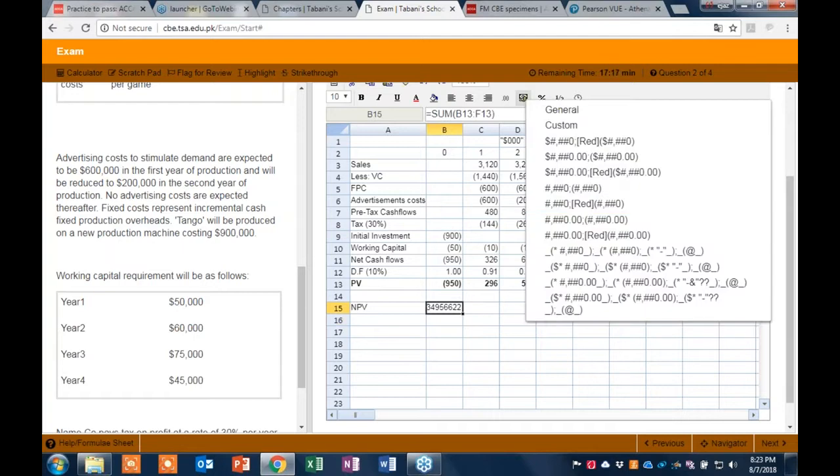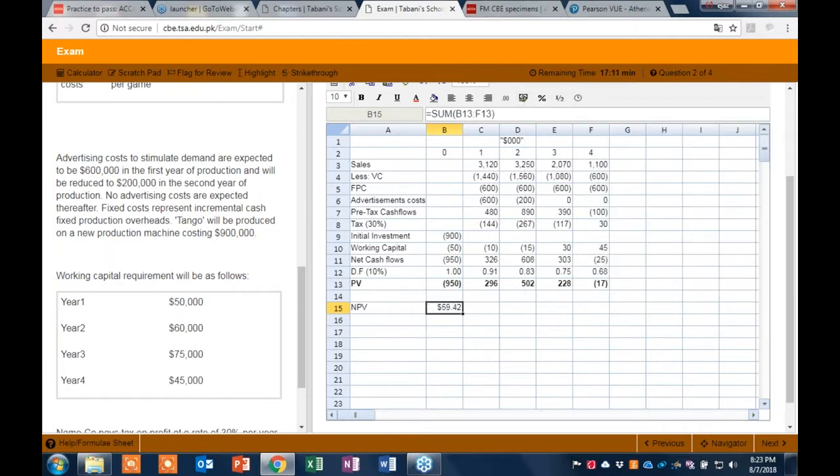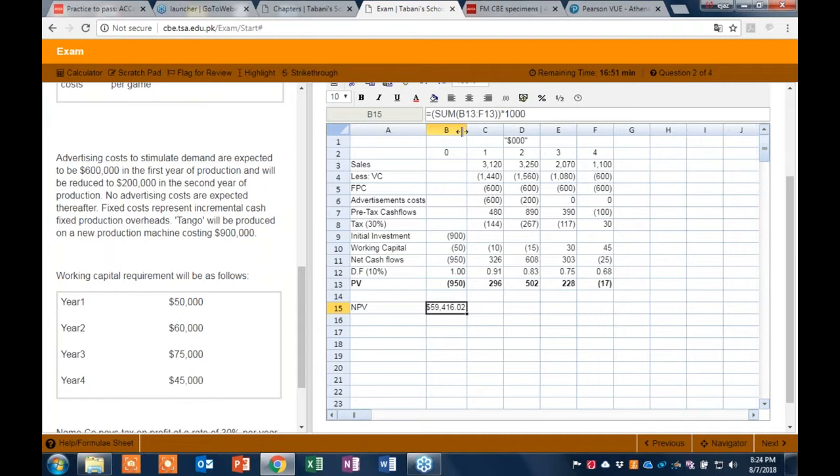And let's change the format, so it's 59.42, and you know that these were in thousands, so let's multiply it with 1000 to get back the answer. So this is the NPV.